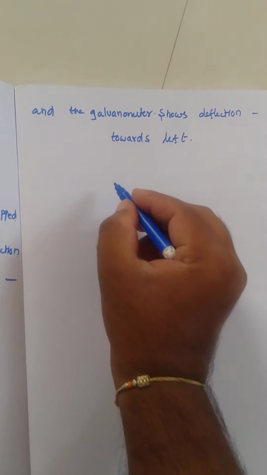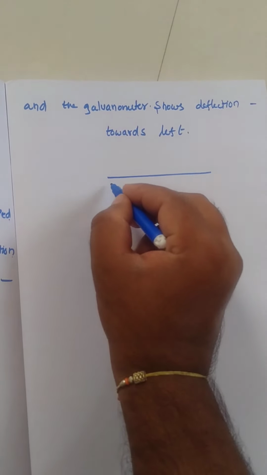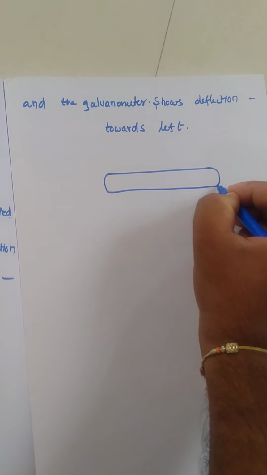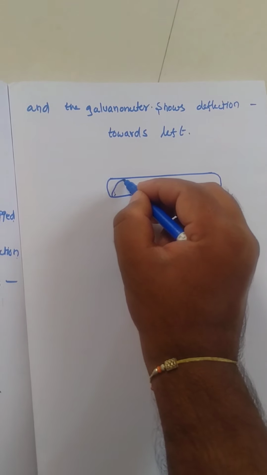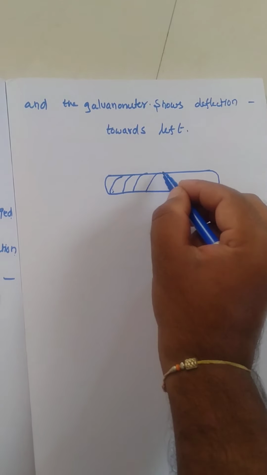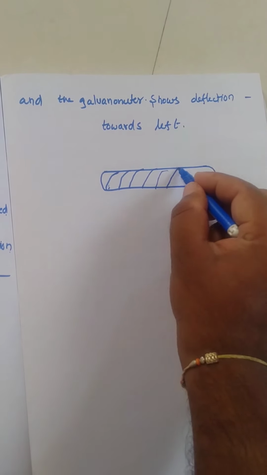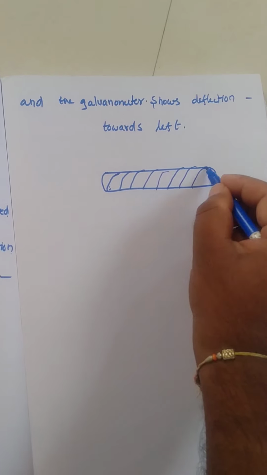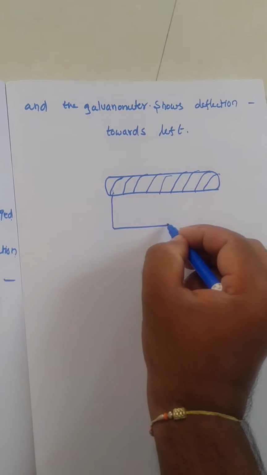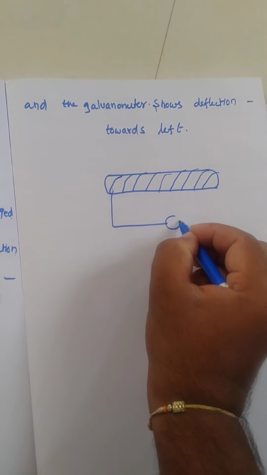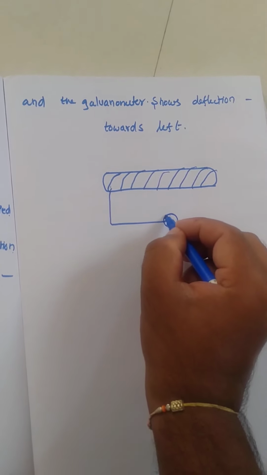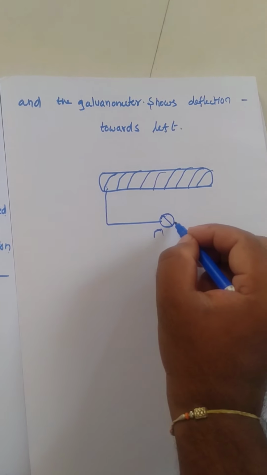So how is it? See, it is a coil. These are the turns of the coil, and it is connected to the galvanometer. Now it shows deflection towards the left.